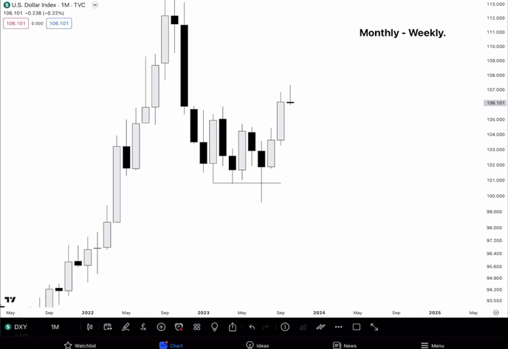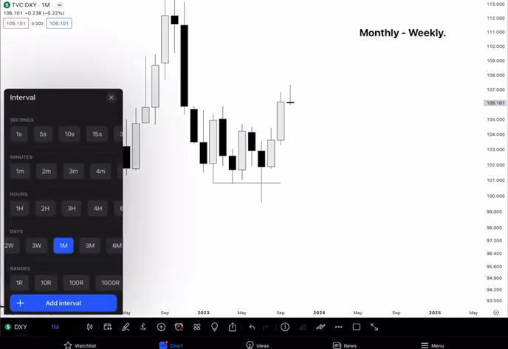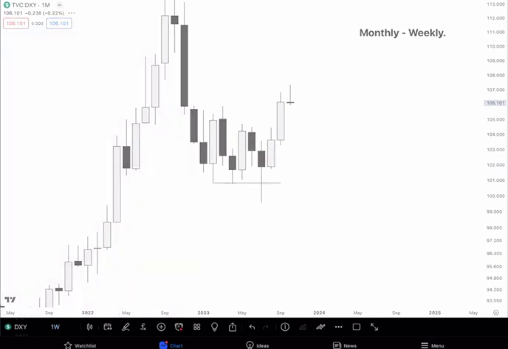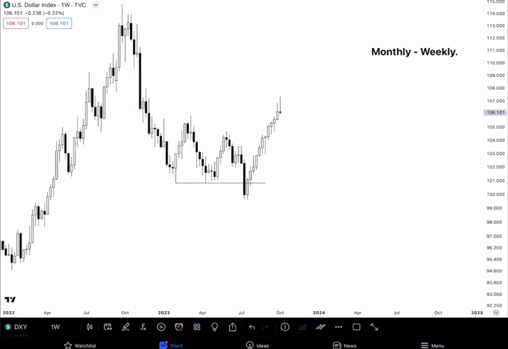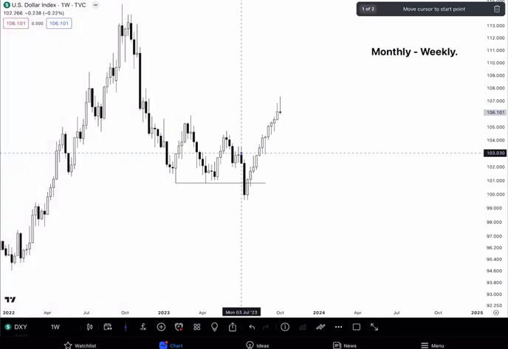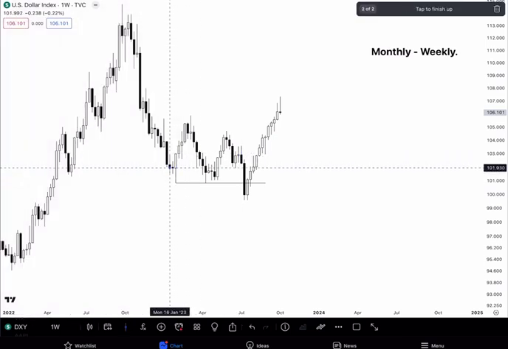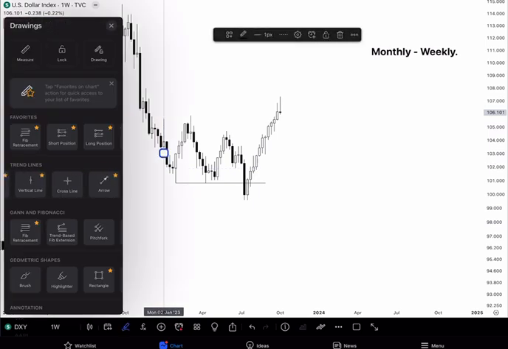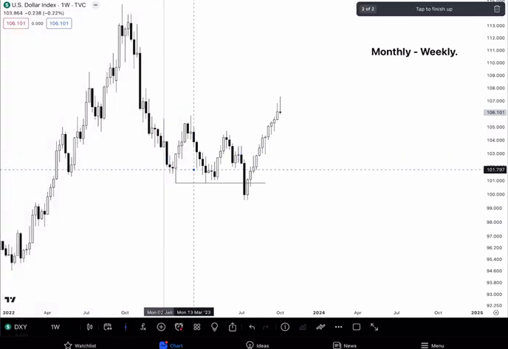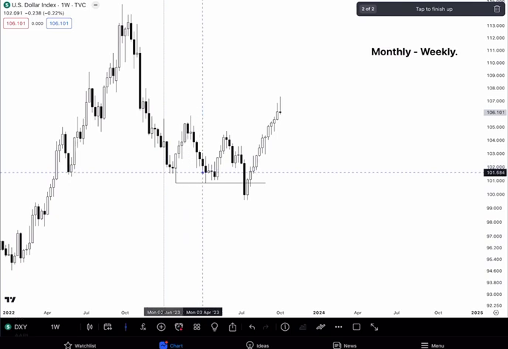Now, DXY. The entire year was spent in a consolidation, right? Let's mark the year out into quarters. January. April.